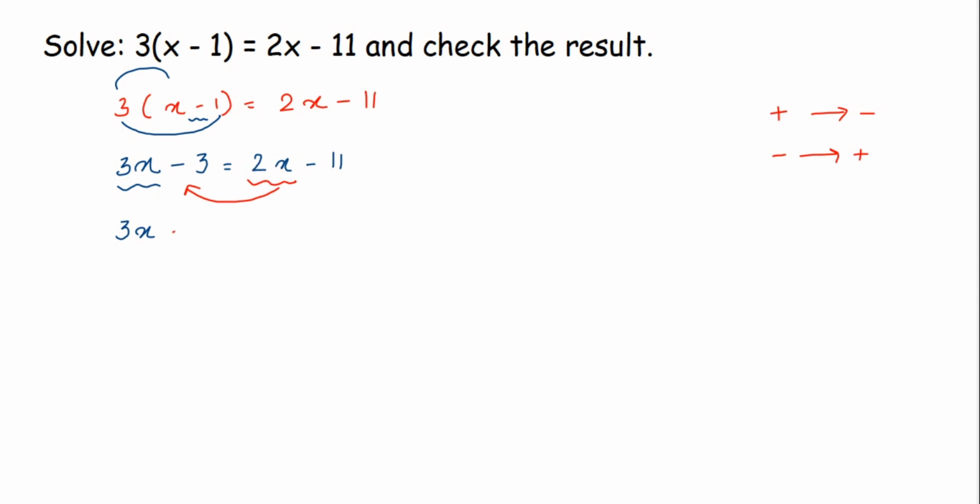It will be minus 2x equals, on the right side, I have a constant minus 11. Let me write that first. And now I want to bring this minus 3 to the right side. Minus will change to plus. I get plus 3. Now you can see all the variables are on the left side and constants on the right side. Now we have to solve this.